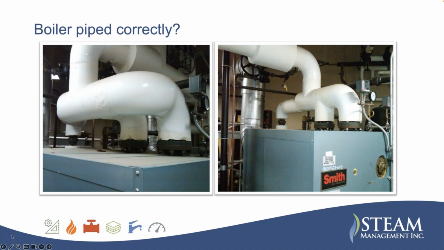So on this particular one, the steam piping expanded at a greater rate than the cast iron section did. It pulled it all apart here, and they started having leaks everywhere. Whereas this swing joint allows it to go back and forth and absorb some of the expansion and contraction.